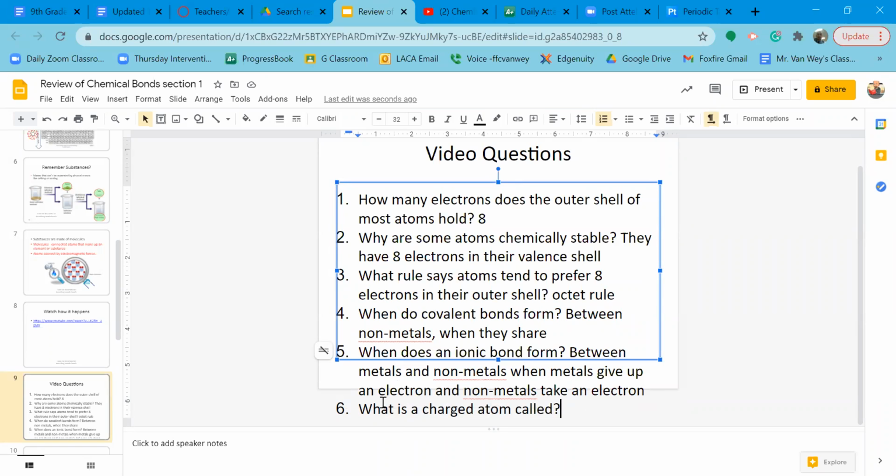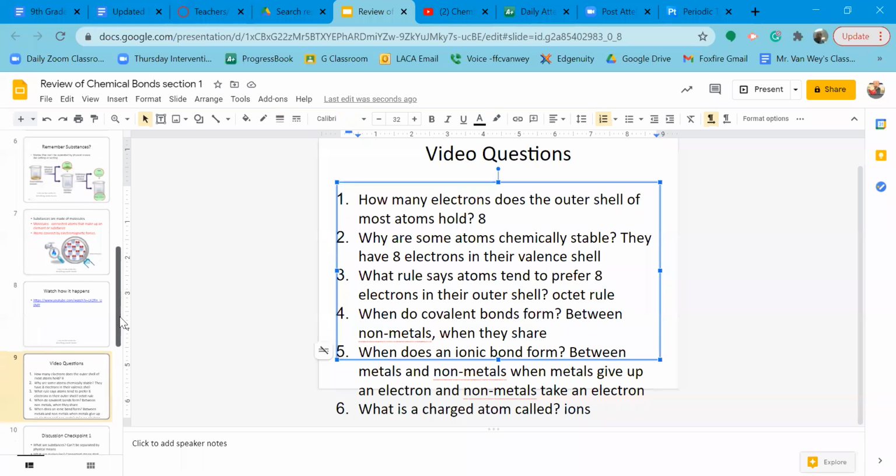When a metal gives up an electron, it is called an ion. A charged atom is called an ion. When a nonmetal takes an electron, it is an ion. And there are more specific terms for these, but we're not going to really get into that.